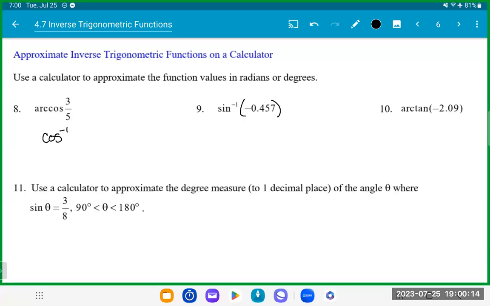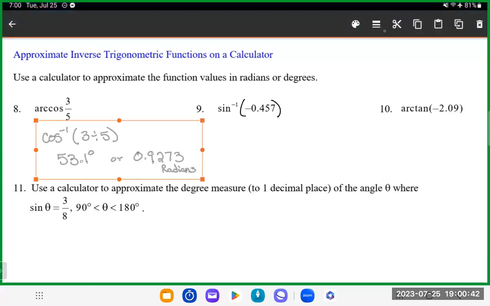You push that, and then put parentheses 3 divided by 5, close your parentheses, and what do you get? When you hit enter, you should get 53.1 degrees if you're in degree mode. Change to radians, and you're going to get 0.9273 radians.